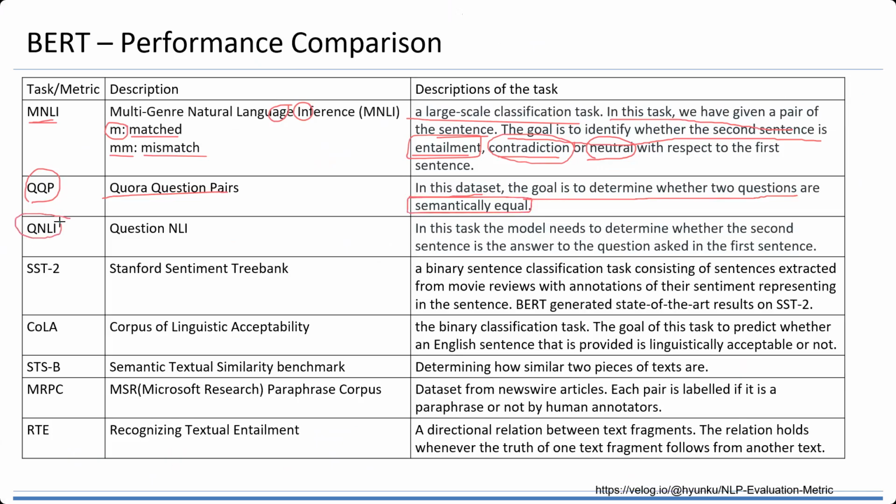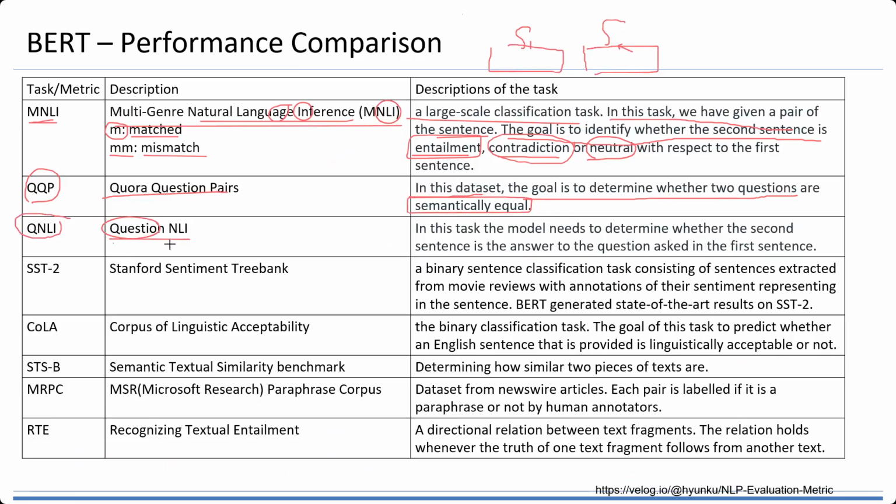And then we also have the other task, which is question NLI. The word NLI is the same as this one, natural language inference. And now we have questions. MNLI just checks whether the first sentence is connected to the second sentence.